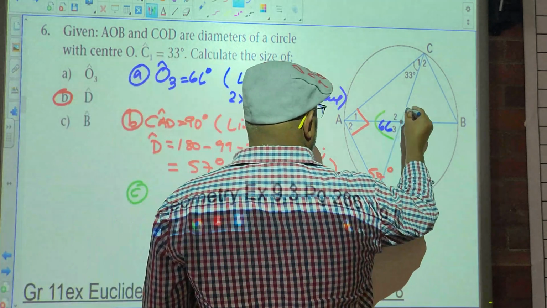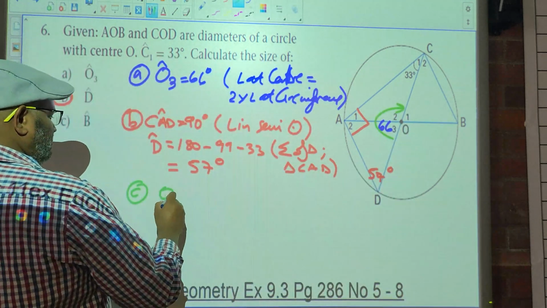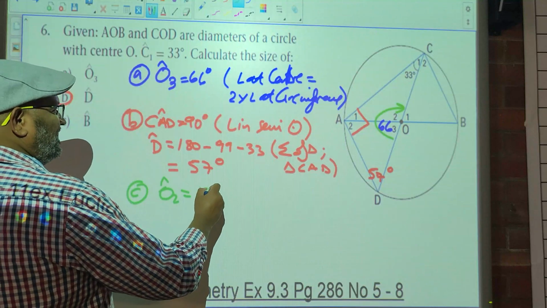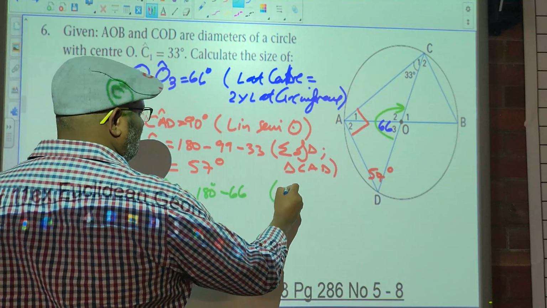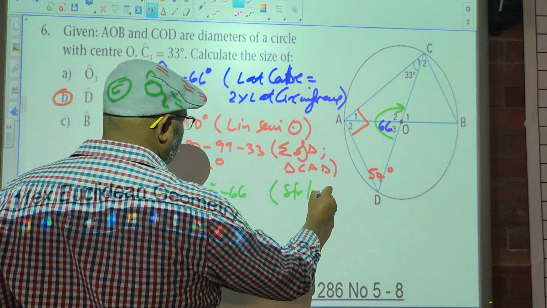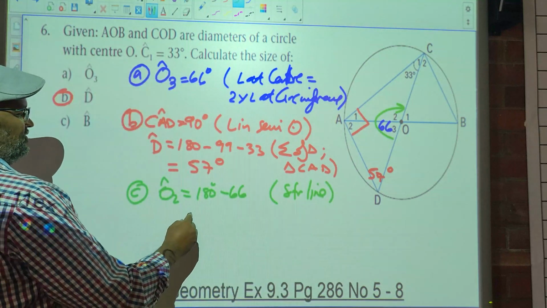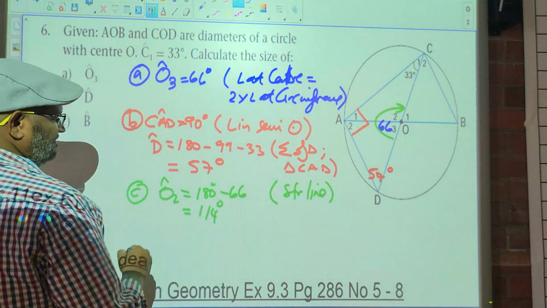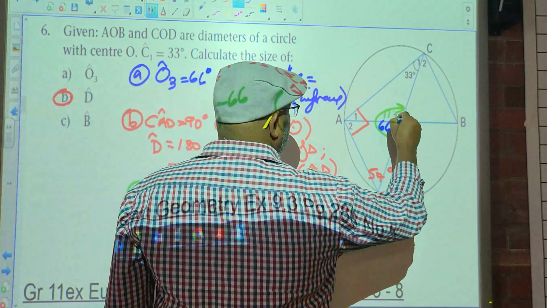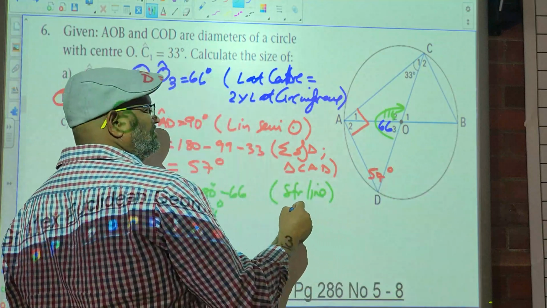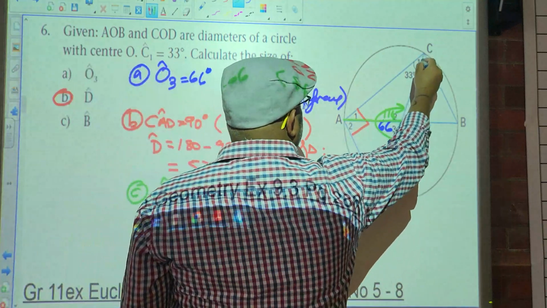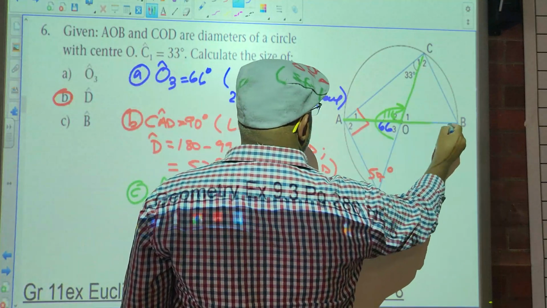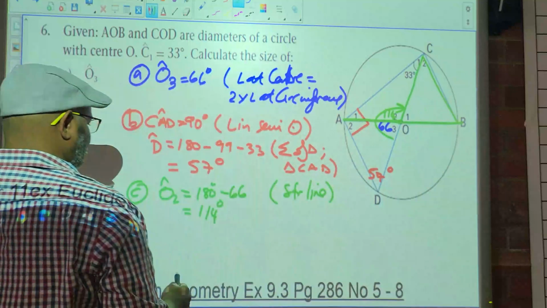So we go with O2. Angle O2 is equal to 180 minus 66. Why? Straight line. Which gives you an answer of 114. Okay, and now angle at center is 2 times angle at circumference.